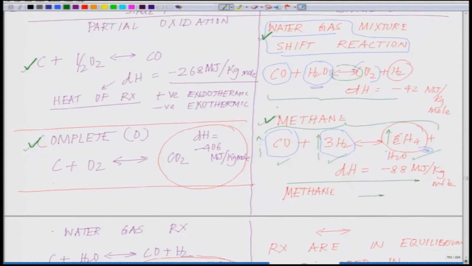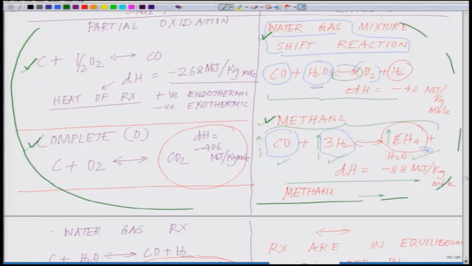Water gas shift reaction, methane production, partial combustion to form CO between carbon and half oxygen, or lack of oxygen, or a complete combustion by C plus O2. These 4 reactions should always be at your fingertips whenever you are doing this kind of science.